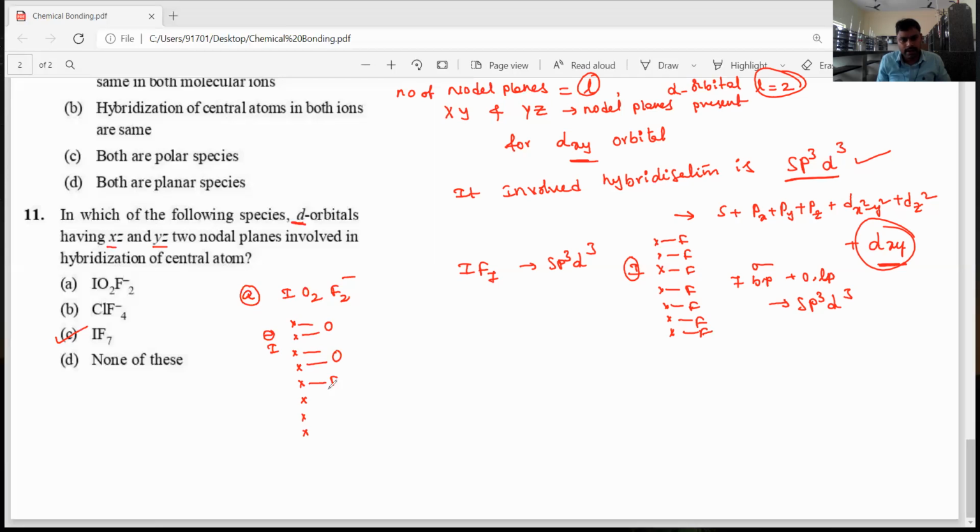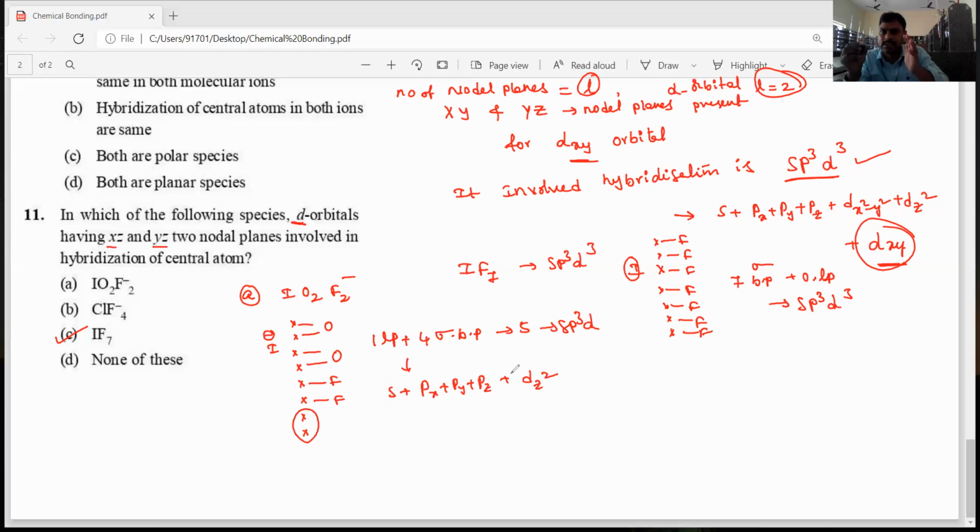The fluorine atoms will take the remaining electrons, and 1 lone pair is present, with 4 sigma bond pairs. Then the total is 5, meaning sp3d hybridization. The involved atomic orbitals are s plus px, py and pz, and the d atomic orbital is dz square only. You have to remember that in sp3d hybridization, the d atomic orbital involved is dz square.